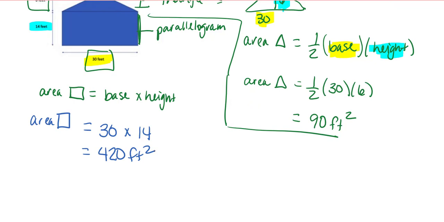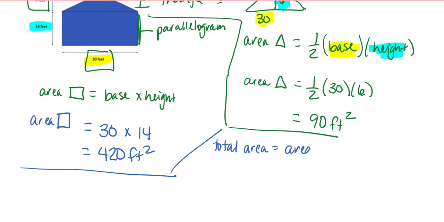Now we need to find the area of the whole side. So the total area is equal to the area of the triangle plus the area of the parallelogram.